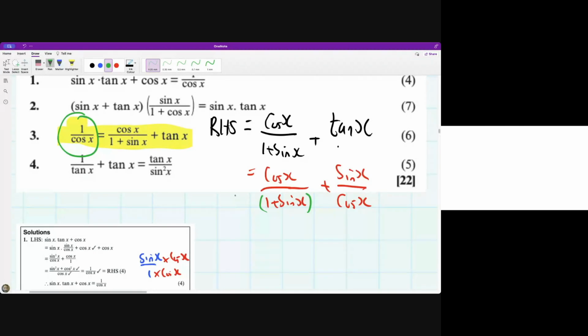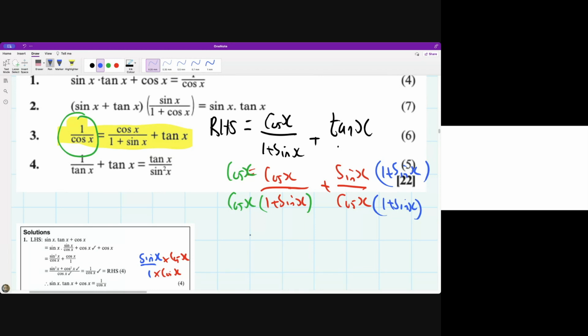So in order to make this the same, I'm going to times this and this by cos x. And in order to make this the same, I'm going to times it by 1 plus sine x. And all I'm doing is I'm making the denominator the same by multiplying by the other denominator, essentially.